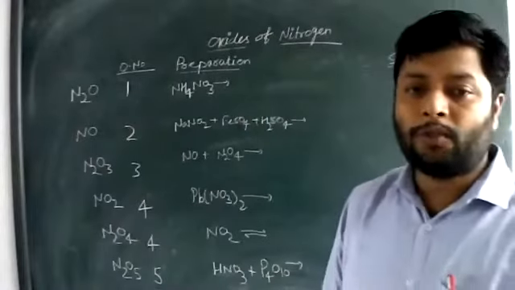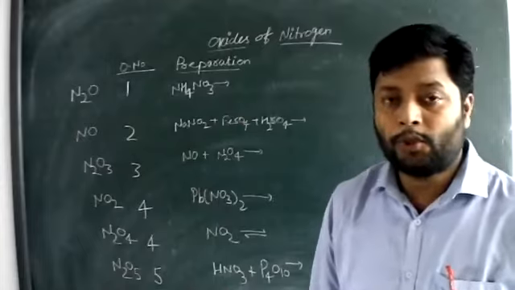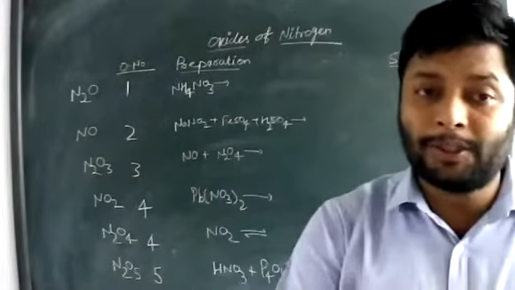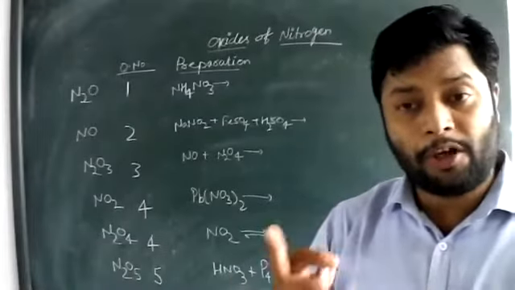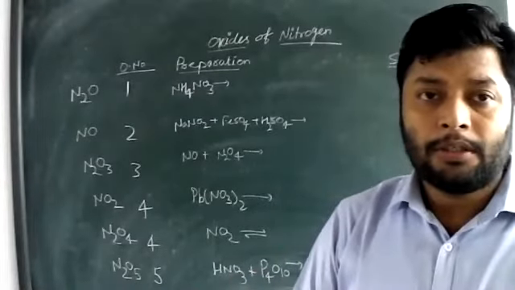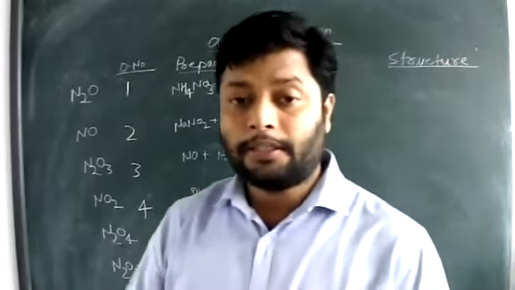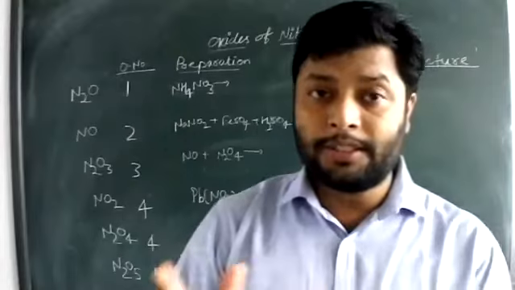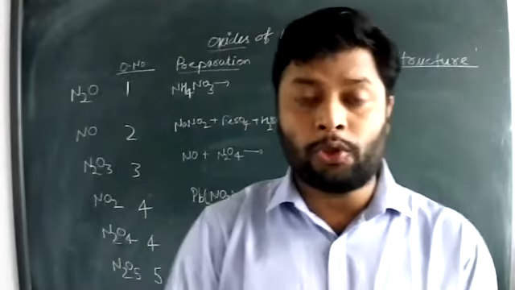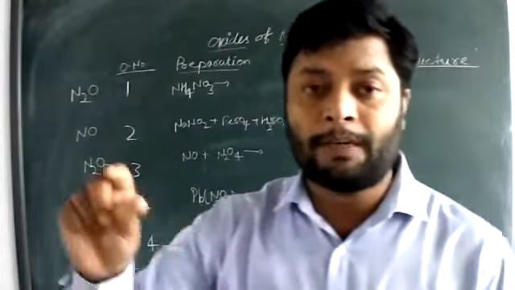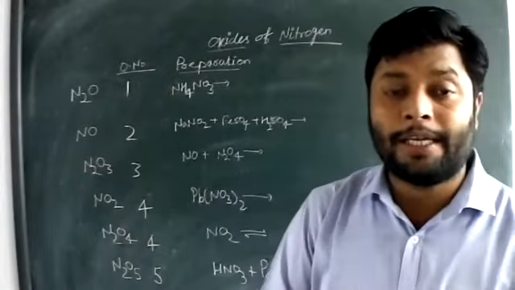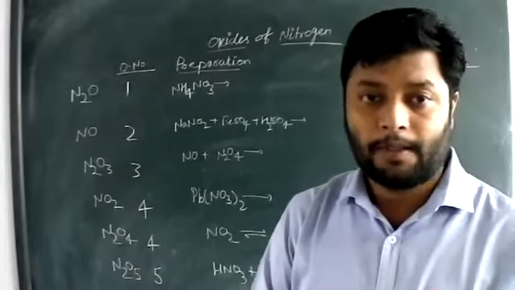So nitrogen can exhibit oxidation numbers from +1 to +5 with oxygen only. There is no other element in the periodic table with which nitrogen combines to show all oxidation numbers from +1 to +5. This ability of nitrogen is only with oxygen.